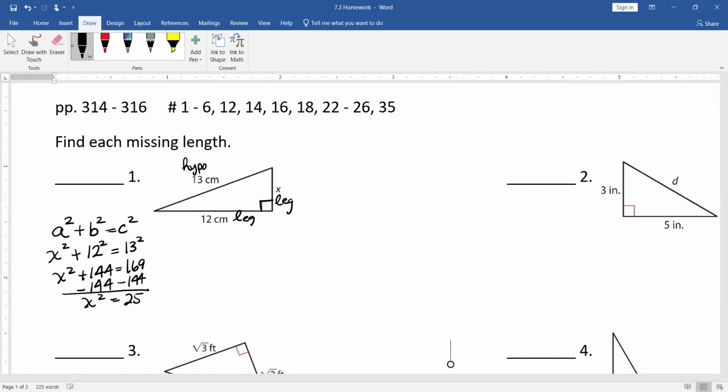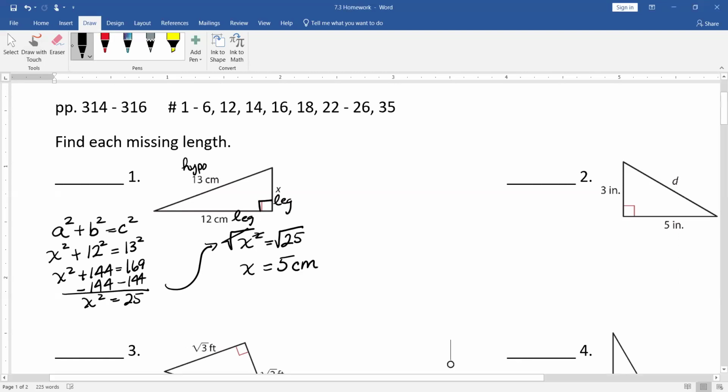So we know we've got to get the exponent off the x. So we square root both sides. These cancel out, so then we're left with x. Well, we also know 25 is a perfect square. The square root of 25 is 5. So we now have the length of that leg. So x equals 5 centimeters, and we're done.